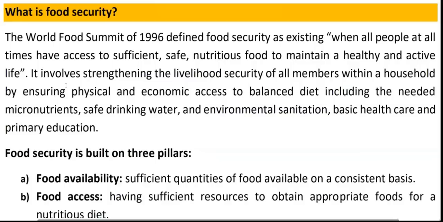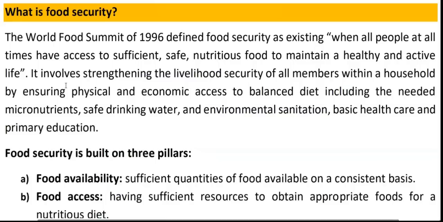Also, it involves strengthening the livelihood security of all the members within the household. And how? By ensuring physical and economic access to a balanced diet, which also includes essential micronutrients, safe drinking water, clean environment, basic health care, and primary education.